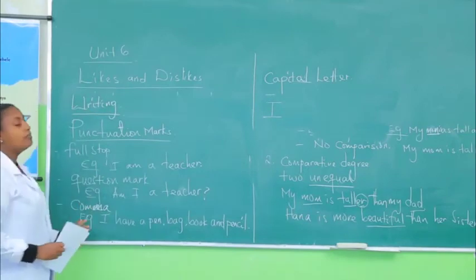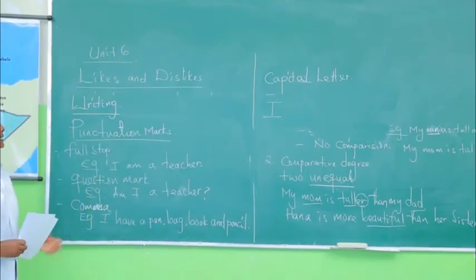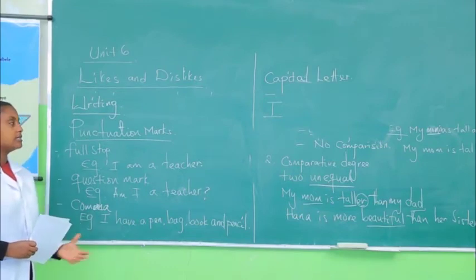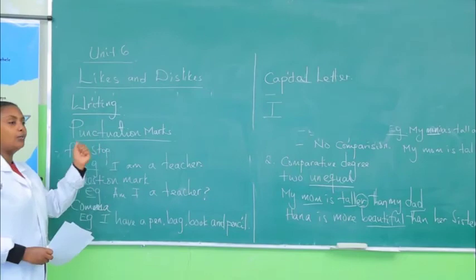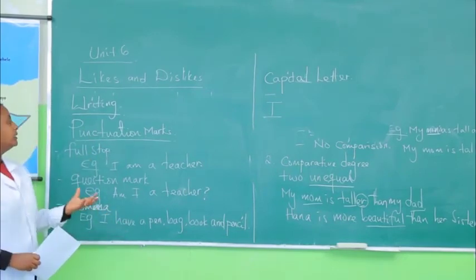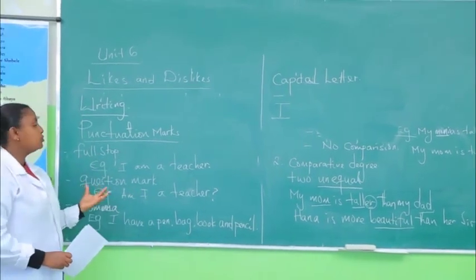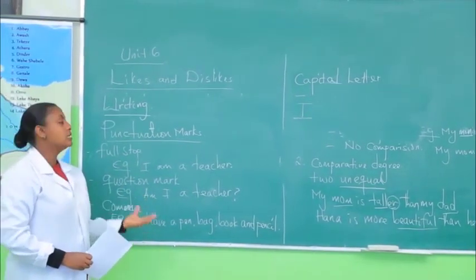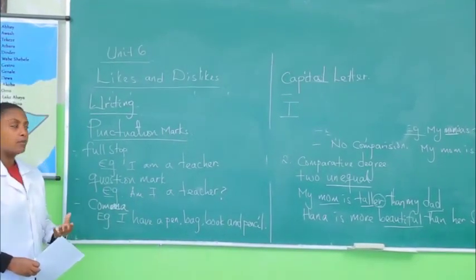So these are the very important things that you have to remember when you are trying to write sentences. Okay, so let's summarize what we have discussed today. We discussed what you are going to read at home with your parents and define the vocabularies that you come across when you are reading the passage.